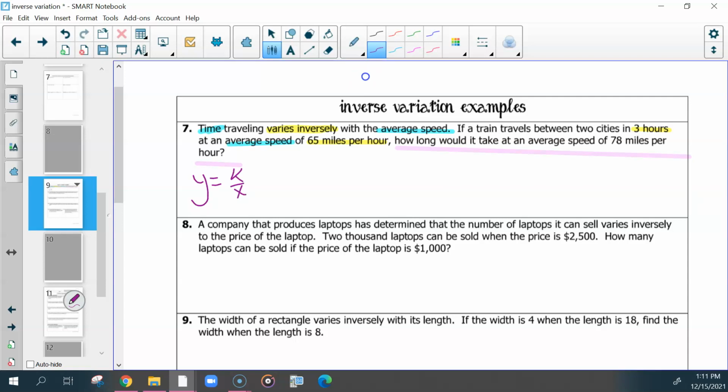Or if you change the variables, let's say t and a, for time and average speed. We really should be defining these variables if you change them, if they're not x and y. I don't believe I did that in the direct video, but we should be doing that.